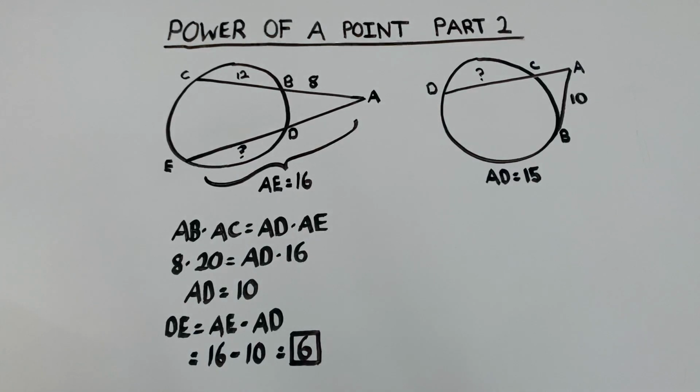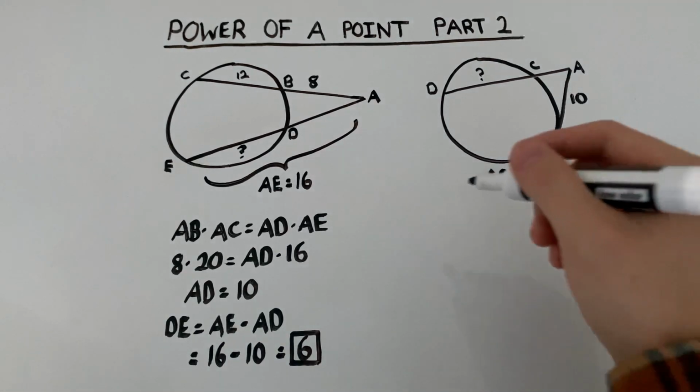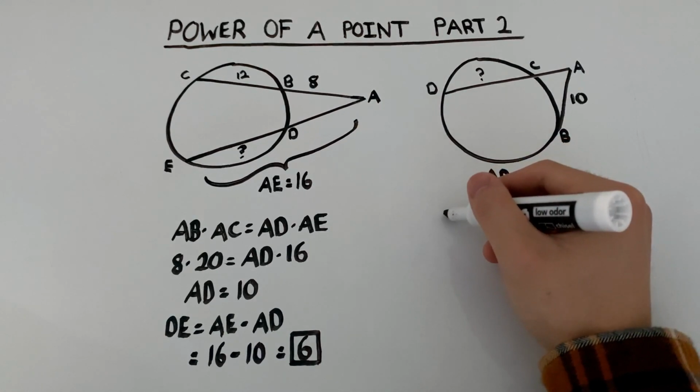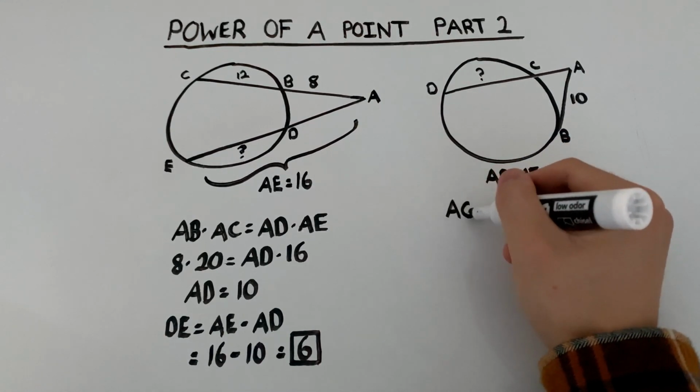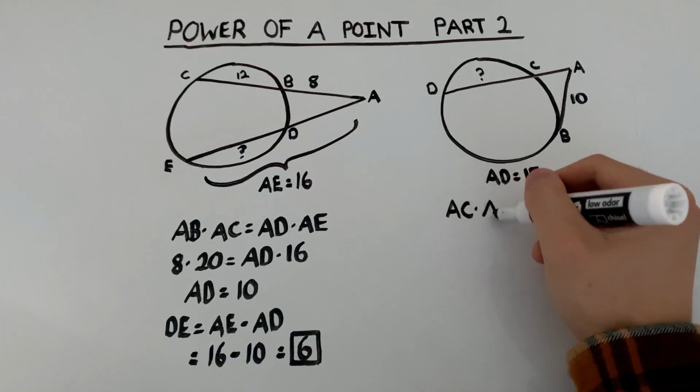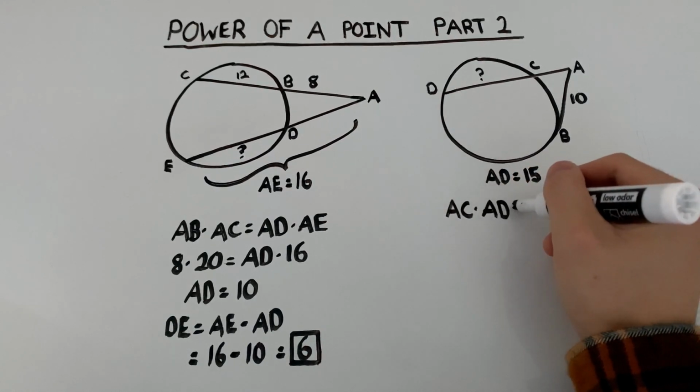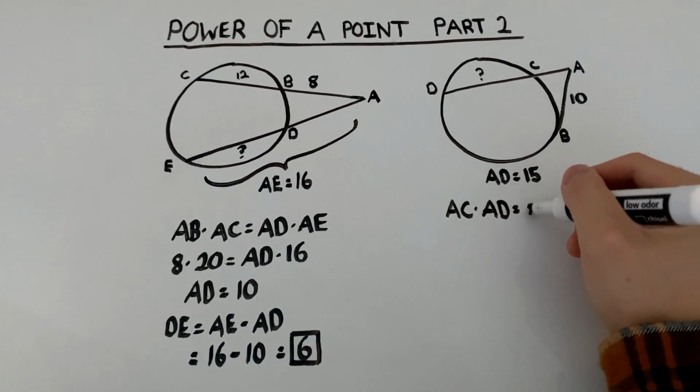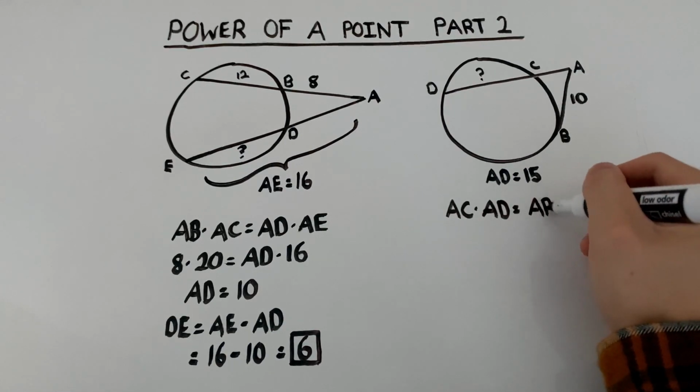Okay, now it may not seem like we have much, but actually we have enough information to solve this problem. So once again, we're going to write out the power of a point relationship. So AC times AD is going to be equal to AB squared.